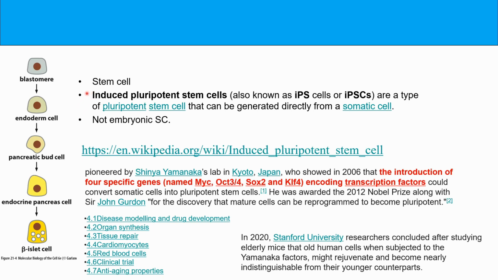They've profiled what the early blastomeres were expressing, and they've used that information to induce stem cell-like behavior with these induced pluripotent stem cells, or iPS cells, that are a type of pluripotent stem cell that can be generated directly from a somatic cell.